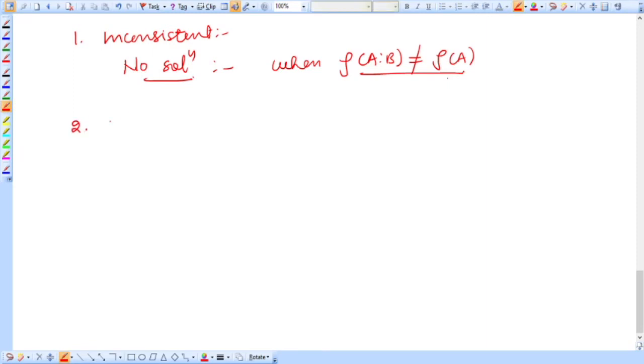Secondly, the second type of solution can be a unique solution, which exists for consistent equations.